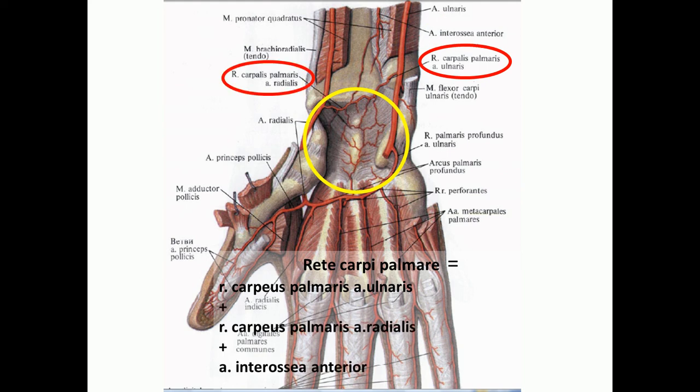But also it contacts with arcus palmaris profundus. So here it is, arcus palmaris profundus, and they anastomose with each other.